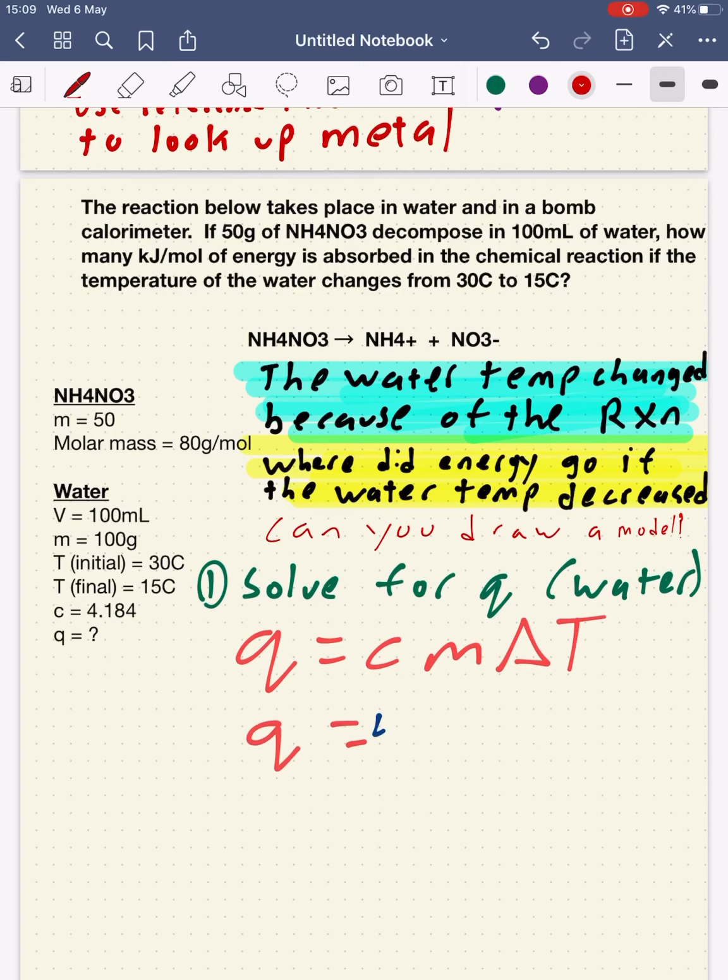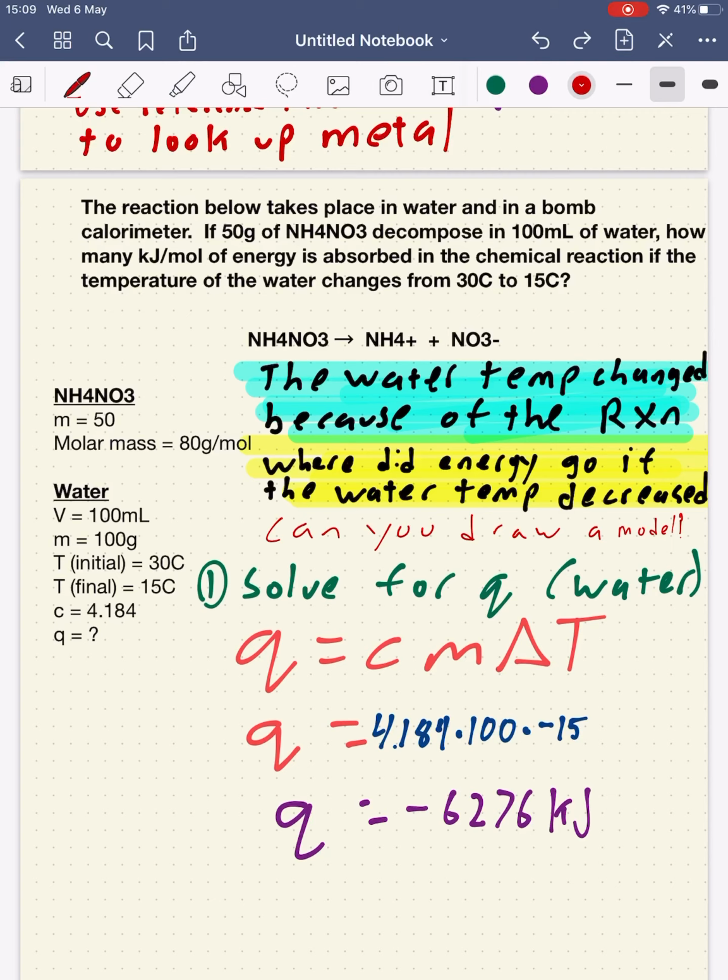So Q equals, C is 4.184, mass is 100, and then the change in temperature is negative 15 degrees. Right, that's the final temperature minus the starting temperature. So we've got a negative number in there, and what that's going to result in is a negative answer. Since we're multiplying everything together, we're going to end up with negative 6,276 kilojoules.